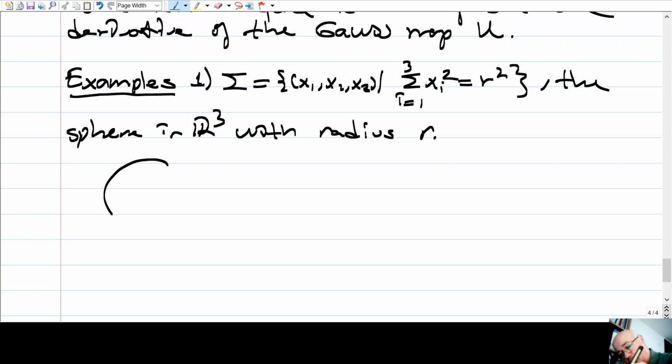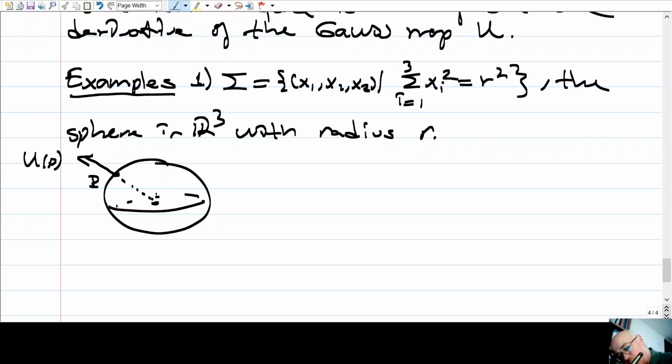What's the unit normal vector to the sphere? At any point, let's say P here. So let's say this is the point P, and this is the unit normal vector. This is the origin, and the radius is r. So this point P has distance r to the origin, and this is 1 unit.